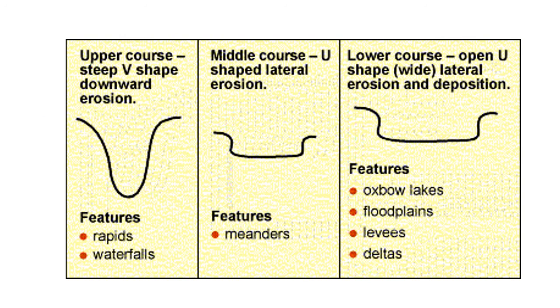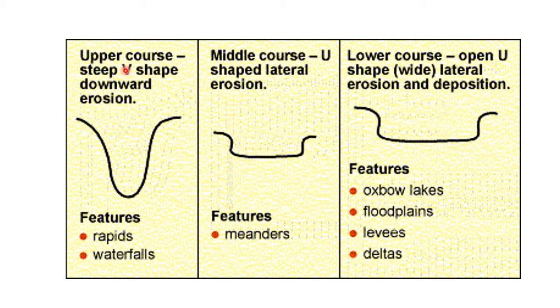So children, let us see what kind of landforms take place when the river flows down from the mountain, that is from the source of the river to the mouth of the river. We have divided the river into three parts: the upper course, middle course and lower course. Now in the upper course, what do we see? We see formation of steep valleys and we also see waterfalls and rapids.